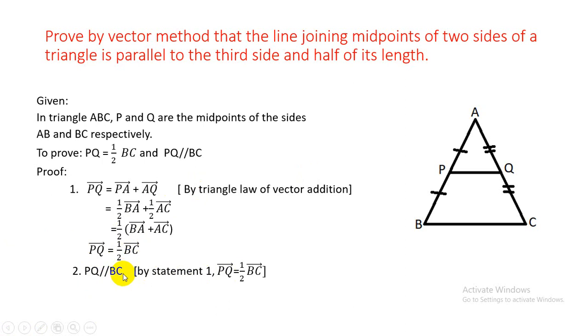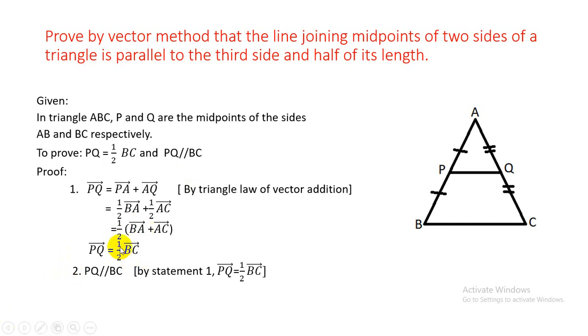Now the question arises, how do you know that PQ is parallel to BC? Here it is given just PQ is equal to 1 by 2 of BC. We know that if one vector is equal to a scalar multiplication of another vector, they are parallel vectors.